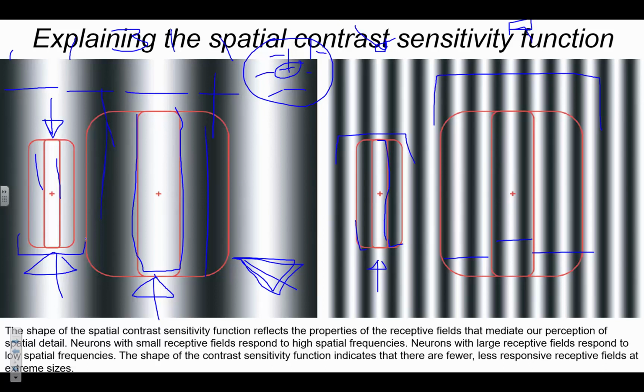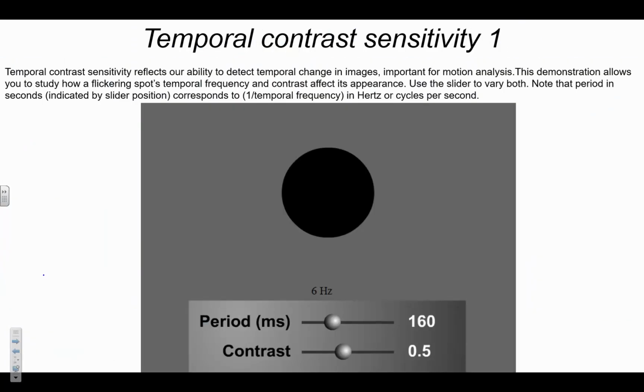So we're good. Changes in spatial frequency, different size receptive fields, we're good to go. All right, I'm not going to blow your minds with temporal contrast sensitivity. But there's the same sort of concept when it comes to how quickly things move.